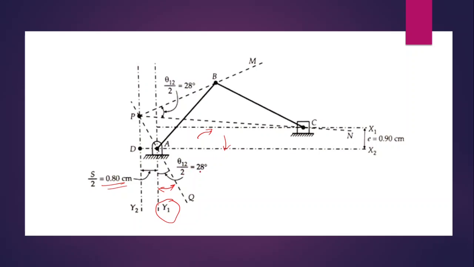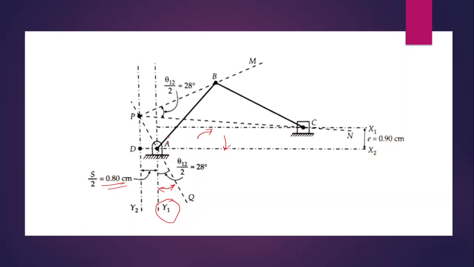Here that is equal to 28 degree. Given in the question theta 1 2 as 56 degree, so theta 1 2 by 2 is equal to 28 degree. So we can easily construct this straight line PQ.